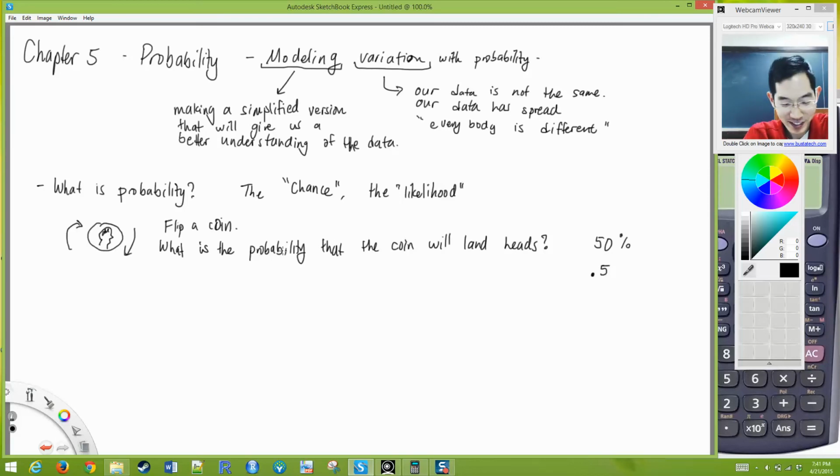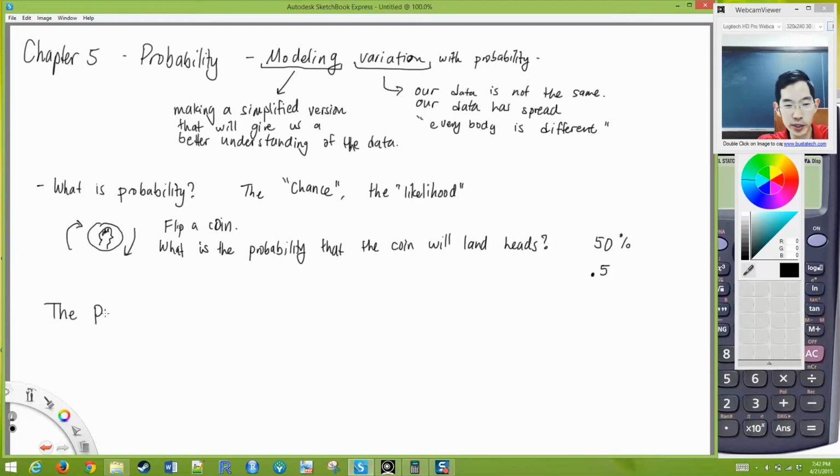And I feel like if I keep going, we're probably just going to go in circles here. So I will work this out. The idea here is we're talking about the long-run relative frequency. This is the notion of probability.